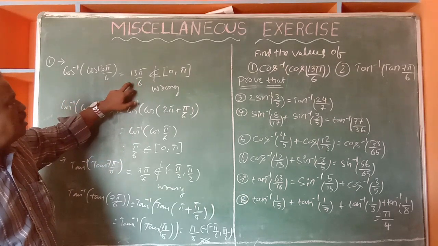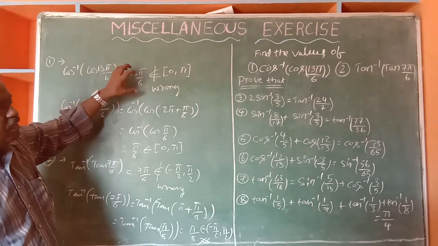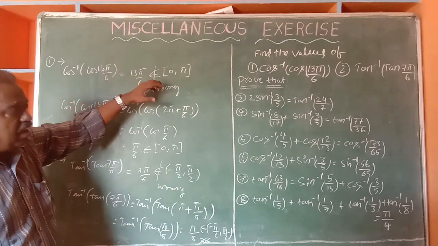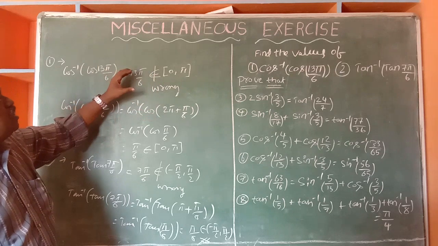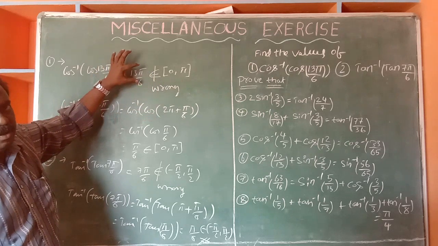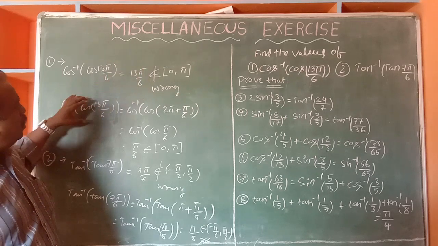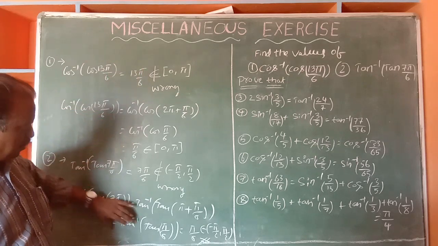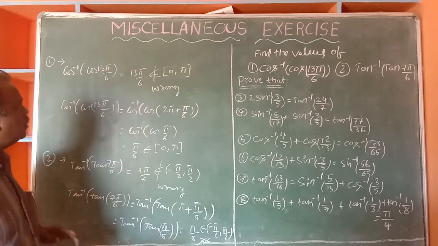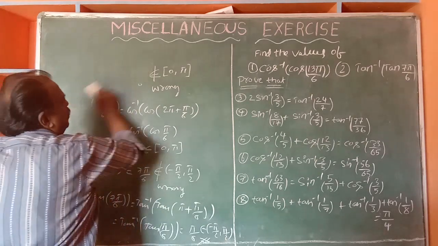Because the students will commit this type of mistakes, that is why I am expressing this on the board. But you have to write the solution like this one. Okay? Yeah. Next.